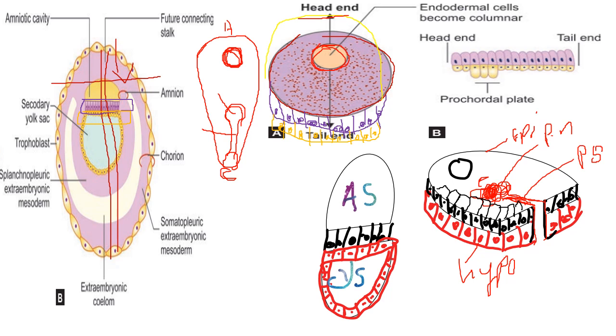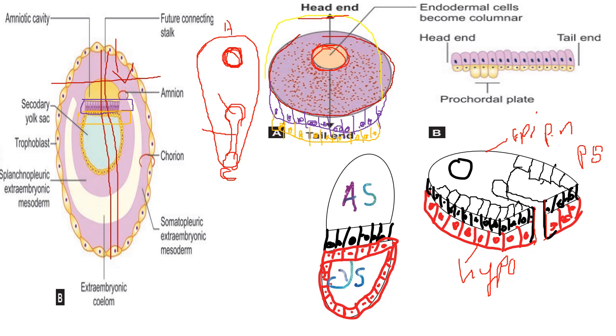Let me just draw this properly so that you understand. There is this primitive streak that will end at the center and become something like that. These cells of the epiblast will start moving in here.